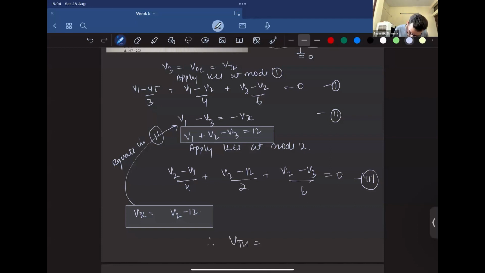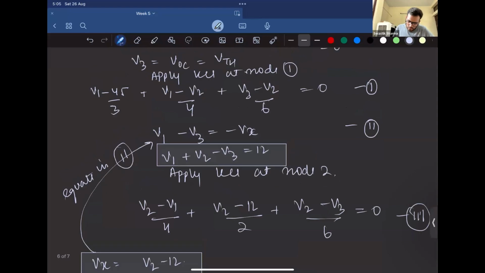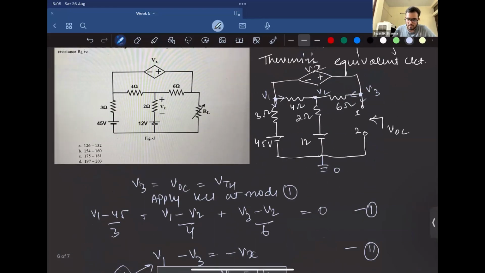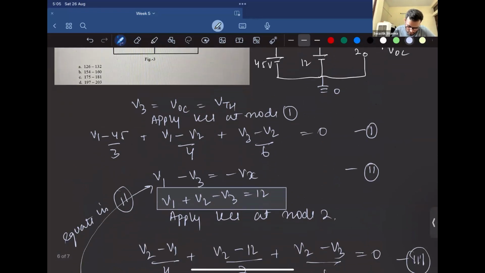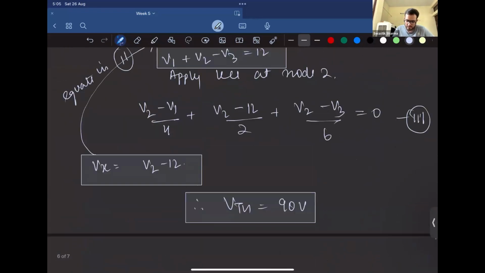Therefore VTH comes out to be 90 volts. Since we have already applied this to find Thevenin's, we got VTH as 90 volts. Now we require to find RTH too.